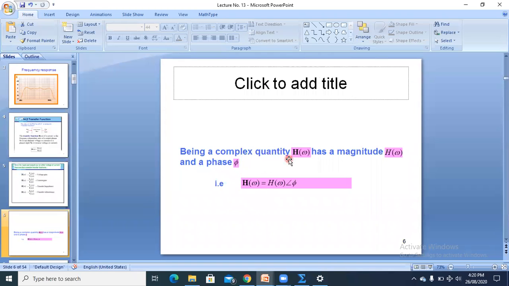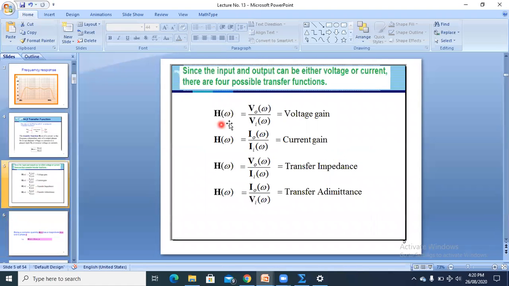As the frequency response is a complex quantity, it has a magnitude and a phase, so we can elaborate it in magnitude and phase form. We have already seen that all these phasor voltages and phasor currents are in complex form.